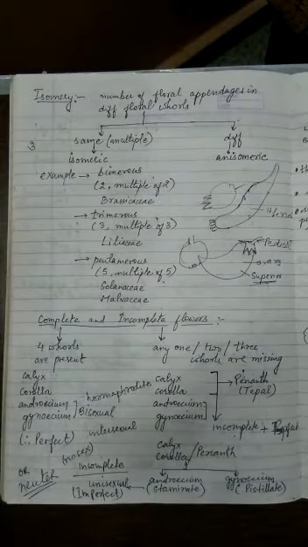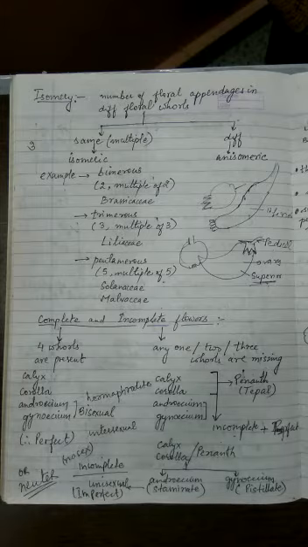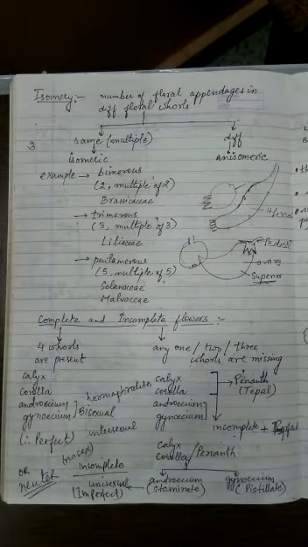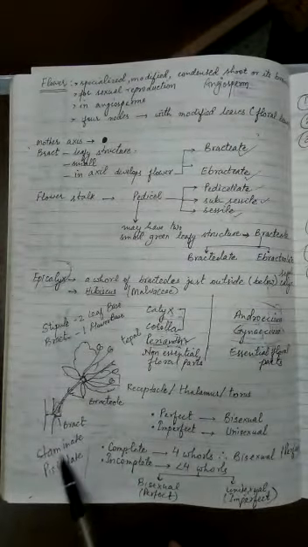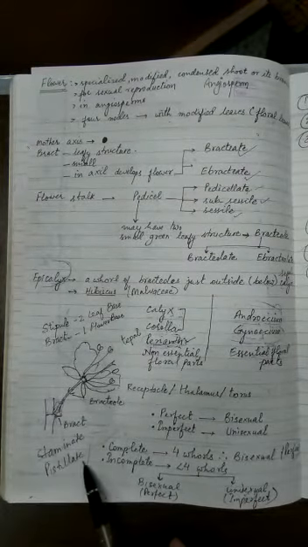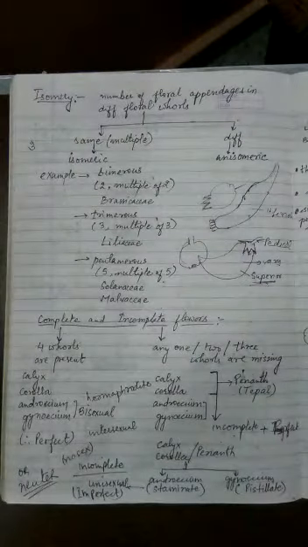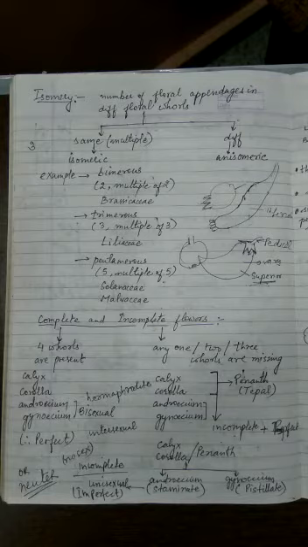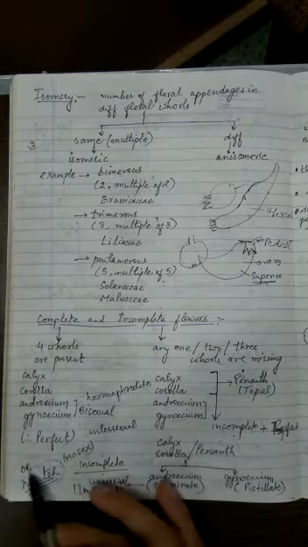So a flower which has only one of the 2 essential floral organs would be called imperfect or unisexual. We have learned already in the last sheet. If only the male sex organ is there, staminate. If only the female sex organ is there, the flower would be called pistillate. When both the essential organs are absent, the flower would be called neuter.